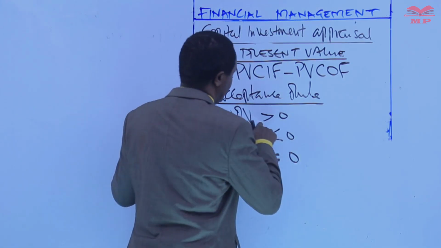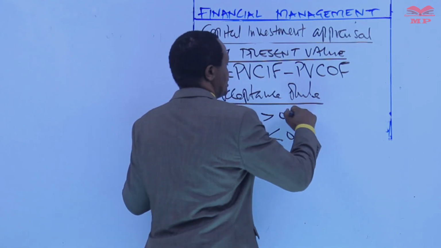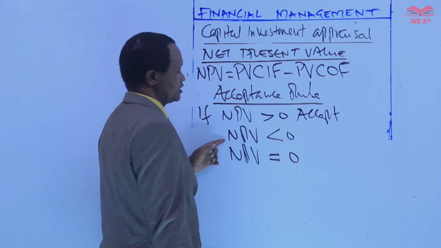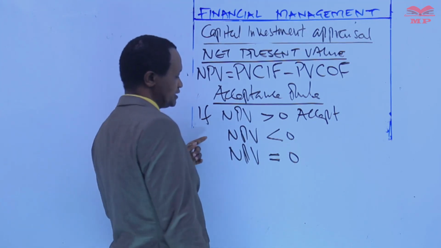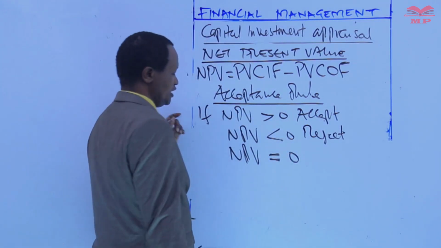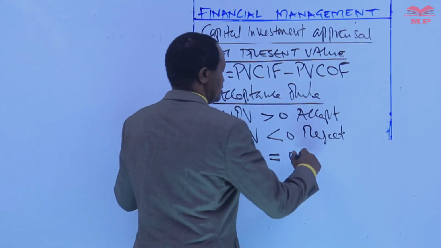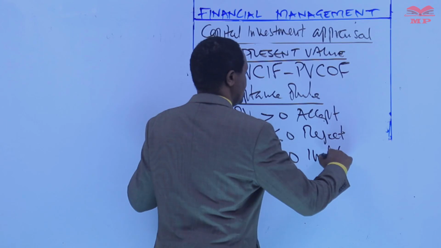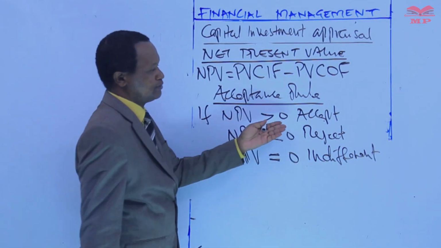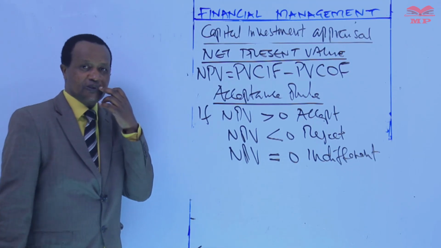So where NPV is greater than 0, accept the project. Where the project's NPV is less than 0, that project is rejected. Where NPV is equal to 0, the investor is indifferent, meaning the investor can choose to accept or reject the project.